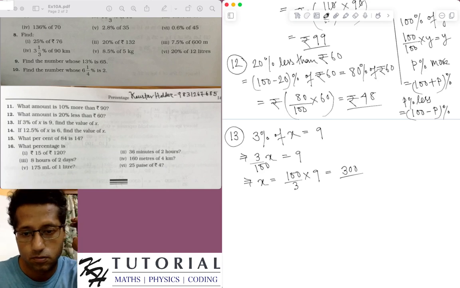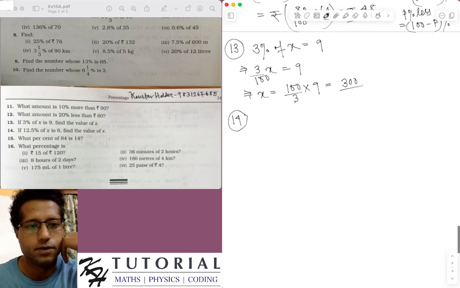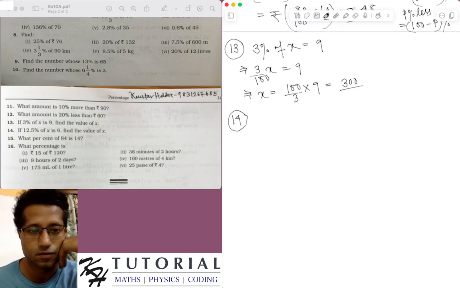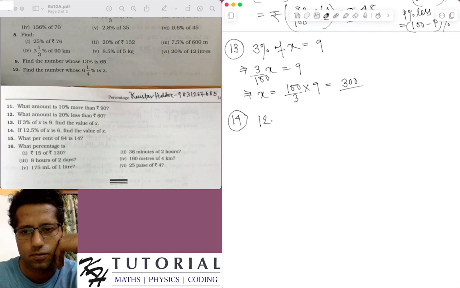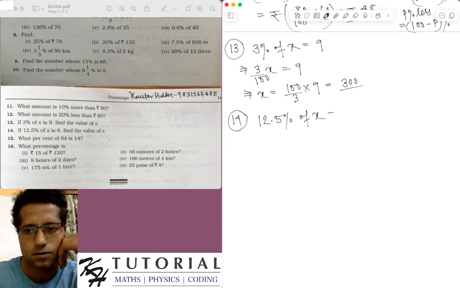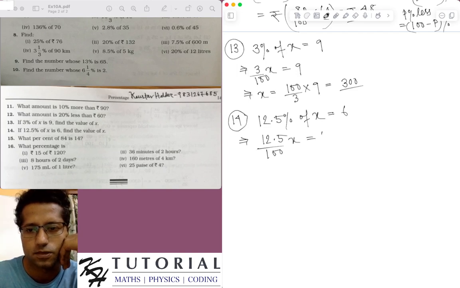Okay, so let's do question number 14. If 12.5% of x is 6, find the value of x. So 12.5 percent of x is given to be 6. Now this implies 12.5% of x means 12.5 divided by 100 into x, which is 6.